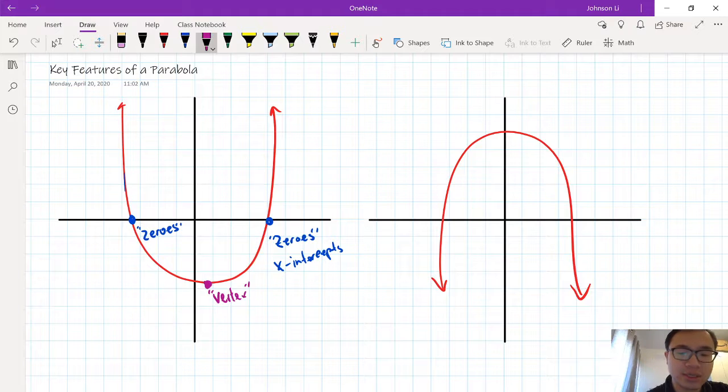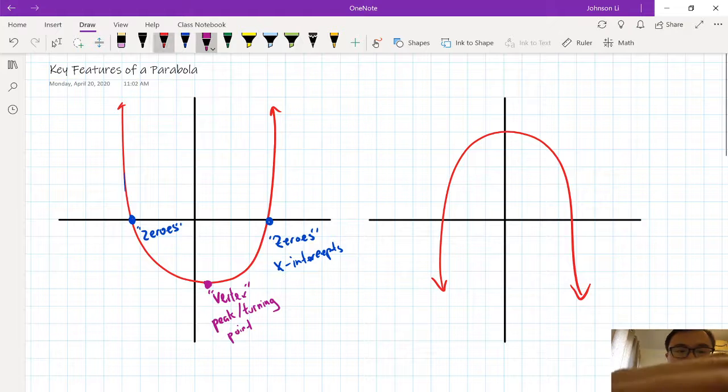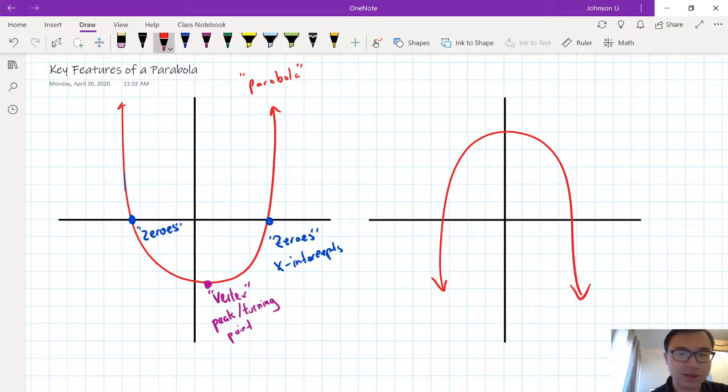So it is the turning point, the peak or turning point of this shape, okay? And this shape is called a parabola, by the way. Instead of me calling it an upside down U or just a standard U, I'm going to be reusing this word from now on, okay?